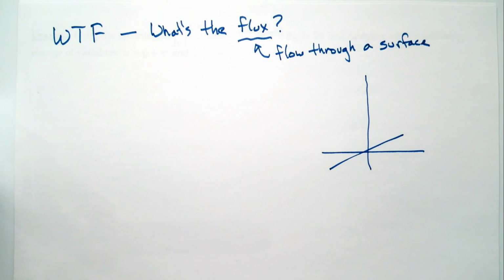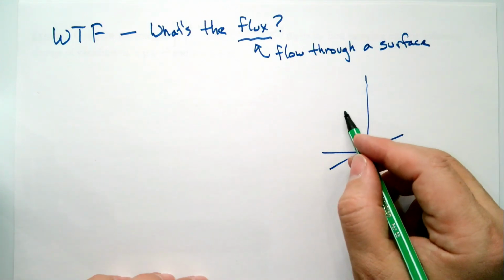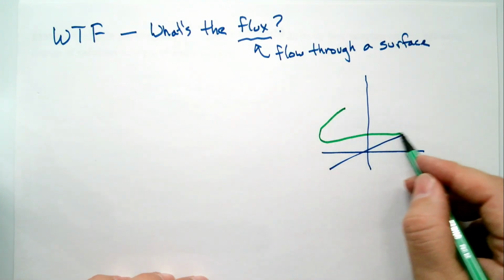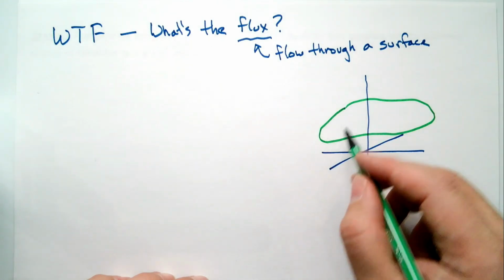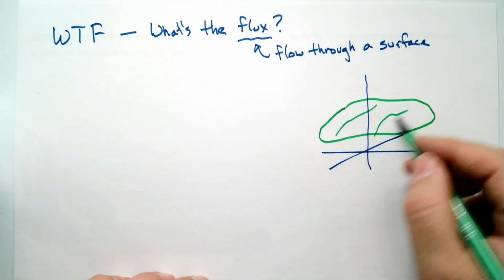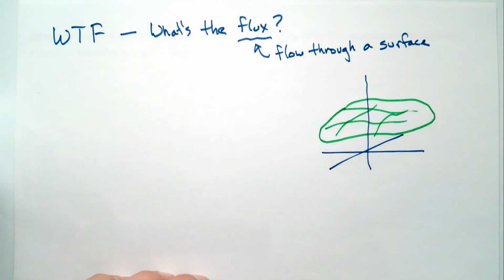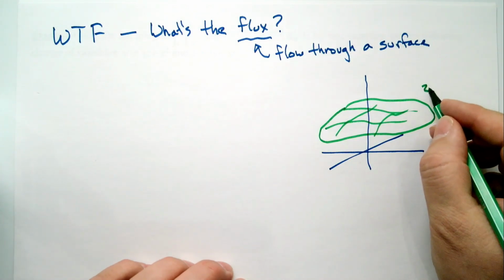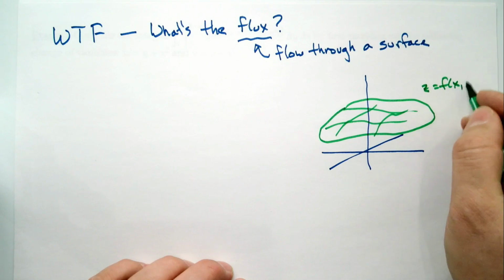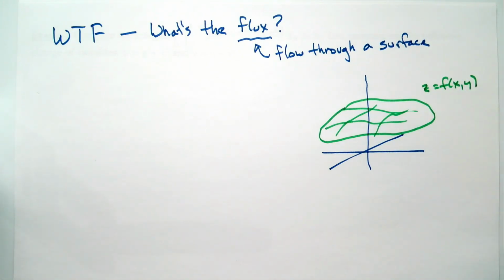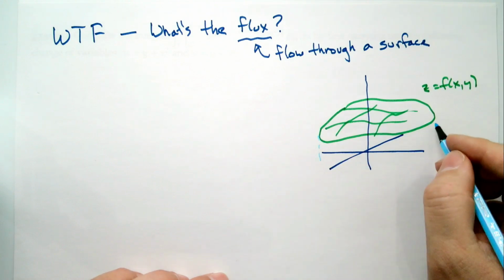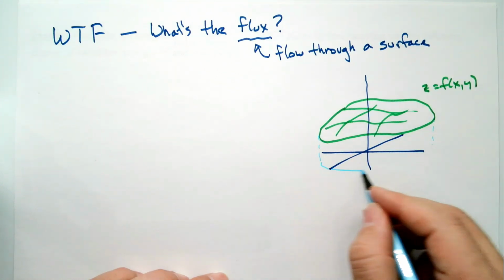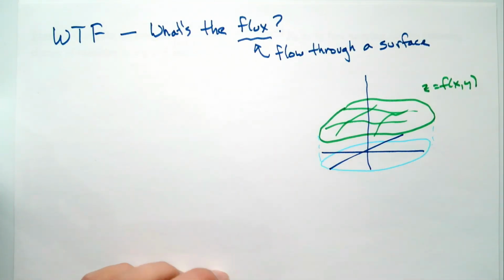So what's the simple thing? The simple thing is we have some surface floating out here in three-dimensional space. I don't know what it is. Apparently it's a potato chip the way I've drawn it. But what does it look like? It's z equals f of x, y. And where is this surface? Well, if you were to look down, you would see here there's a shadow in the xy plane.